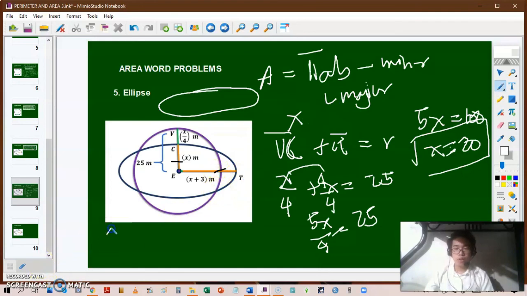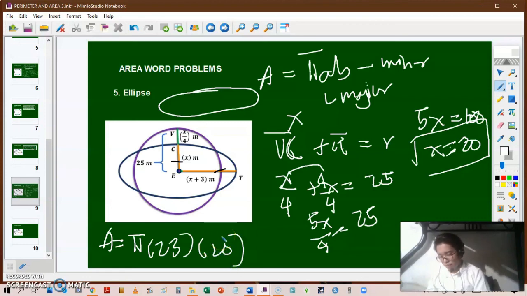So the area is pi times A, the major, which is going to be 20 plus 3, so that's 23. Pi times 23, and the minor is simply x, so that's 20. So 23 times 20 is 460, so 460 pi.